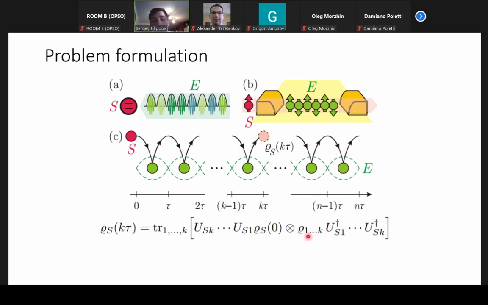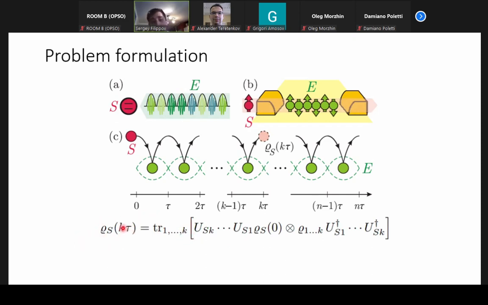So the larger the k, the more complicated is the description of rho, and in turn, since we have unitary interactions of the system with each particular particle of the environment given by those U, it means that we should, in principle, consider that operator whose dimension grows also exponentially with k, and then take partial trace over that environmental degrees of freedom to get the system density operator.